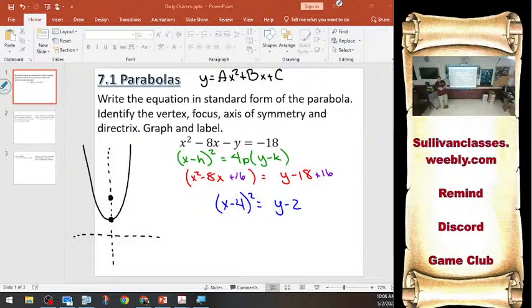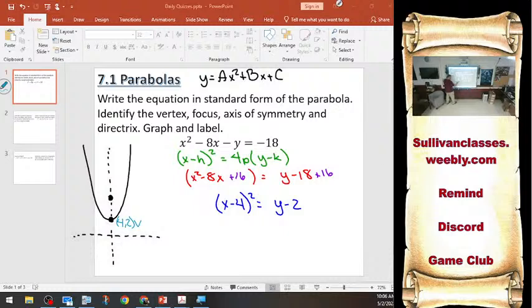HK, backwards land, 4, 2. 4, 2 is my vertex. How do I find my focus and directrix? Plus and minus. You got to P both ways. Whatever 4p is, in this case 1, divide that by 4, my p value is 1/4. So I'm going to go 1/4 north of that, 2 and 1/4.